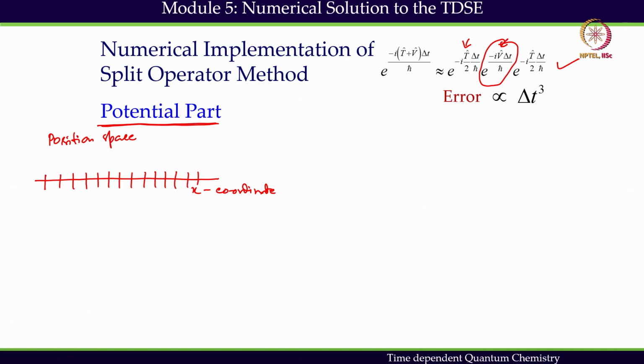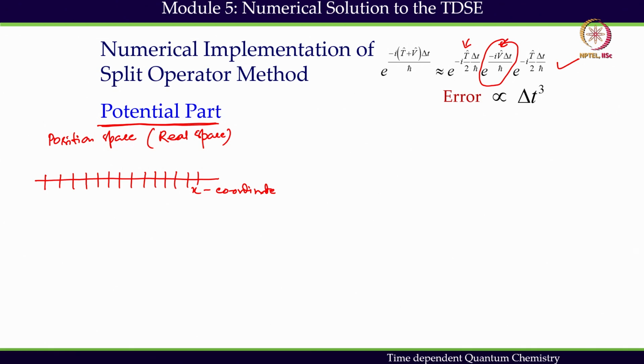On many occasions, this is also called real space. In position space grid representation, which we have already seen in Python chapter 2, as well as in this module, we have shown how to prepare the grid in the position space.